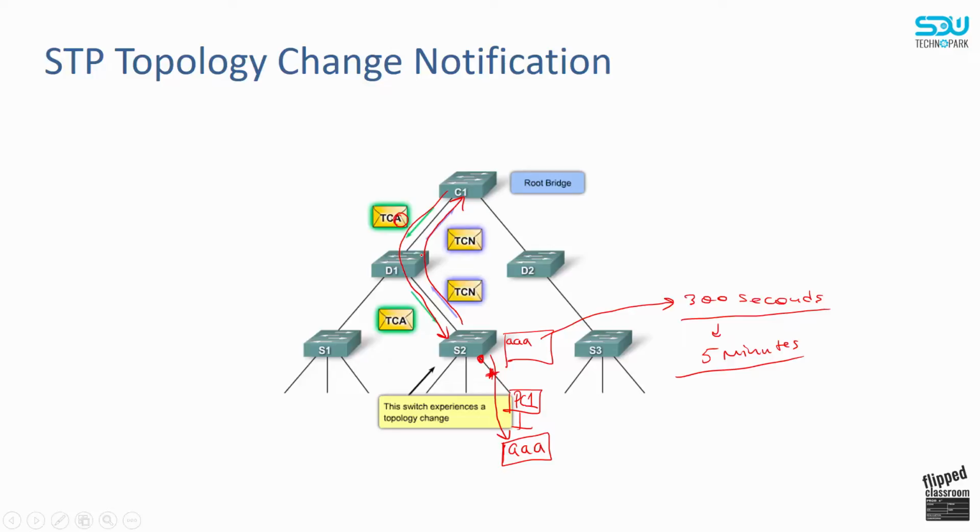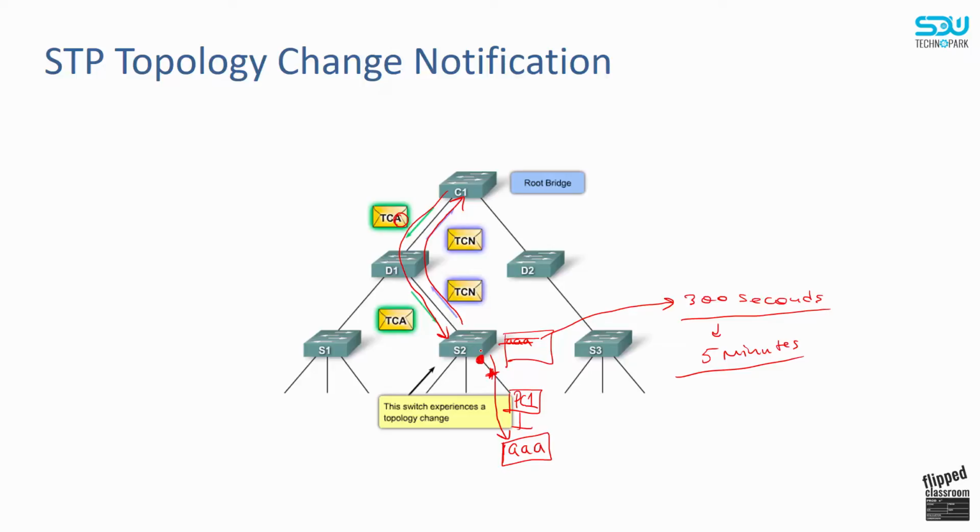And after this change happens, our MAC address table has to delete this value, because previously switch 2 knew about MAC address AAA through the port which is now not working.